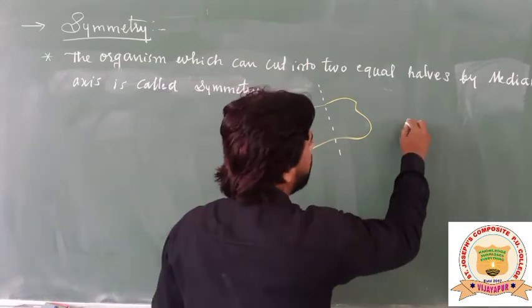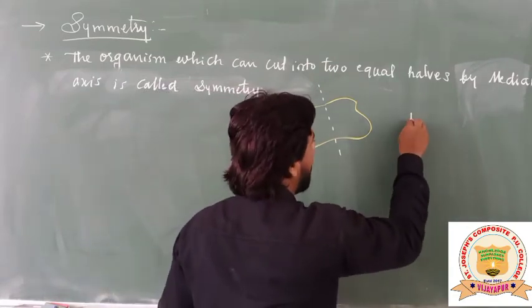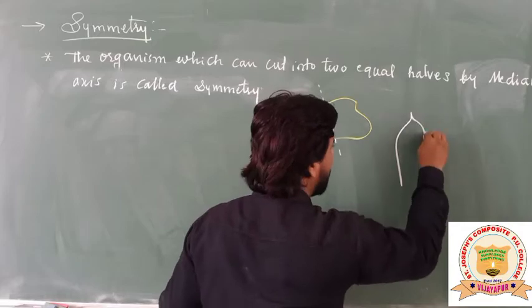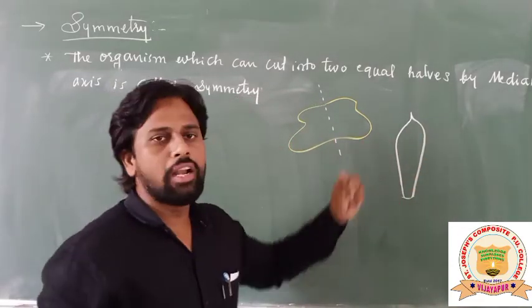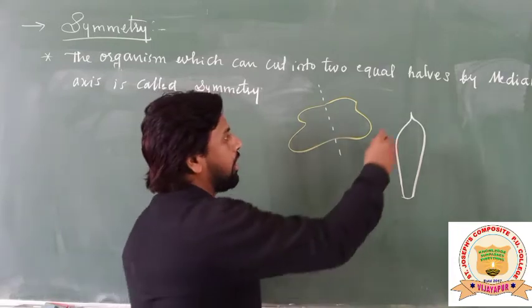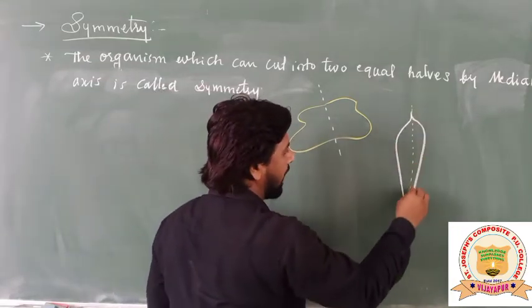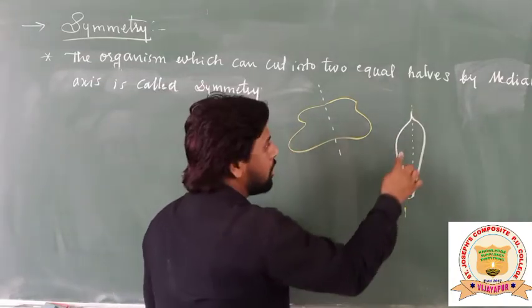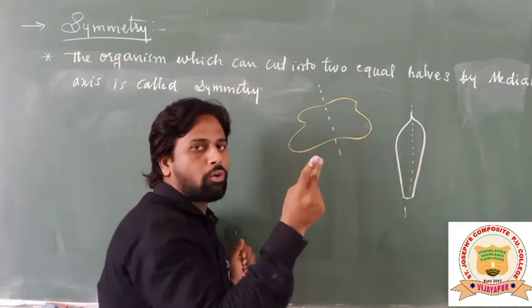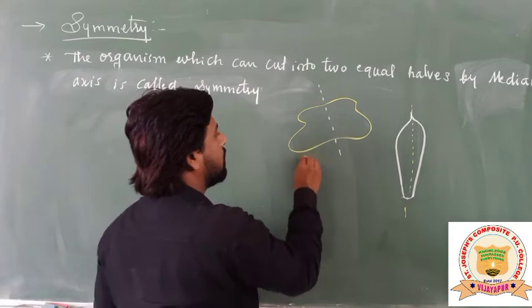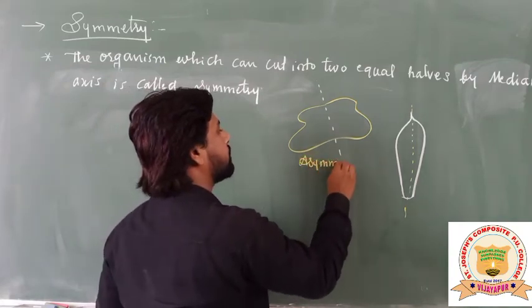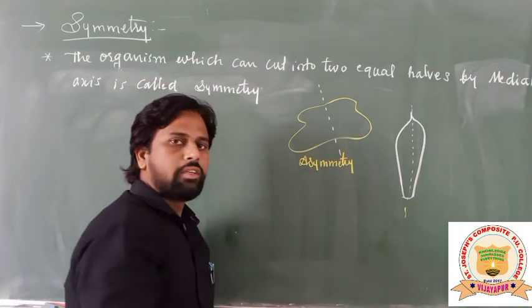Same thing, if I want to give one more example here, I think you all have seen another organism, planaria. Okay, so this is an individual. Suppose you cut this individual from this axis, the median axis, you are going to get two equal halves. So this is called symmetry, and this is called asymmetry.